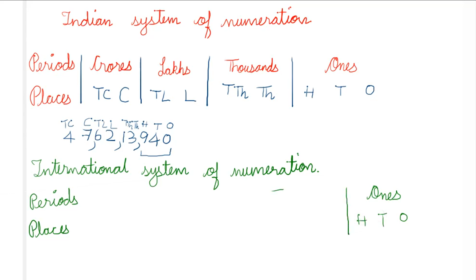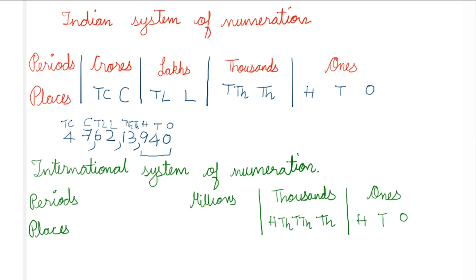So the next period for the international system of numeration is the thousands period. Under your thousands period you will have 1000, 10,000 and 100,000. After the thousands period you will be moving on to the millions period.